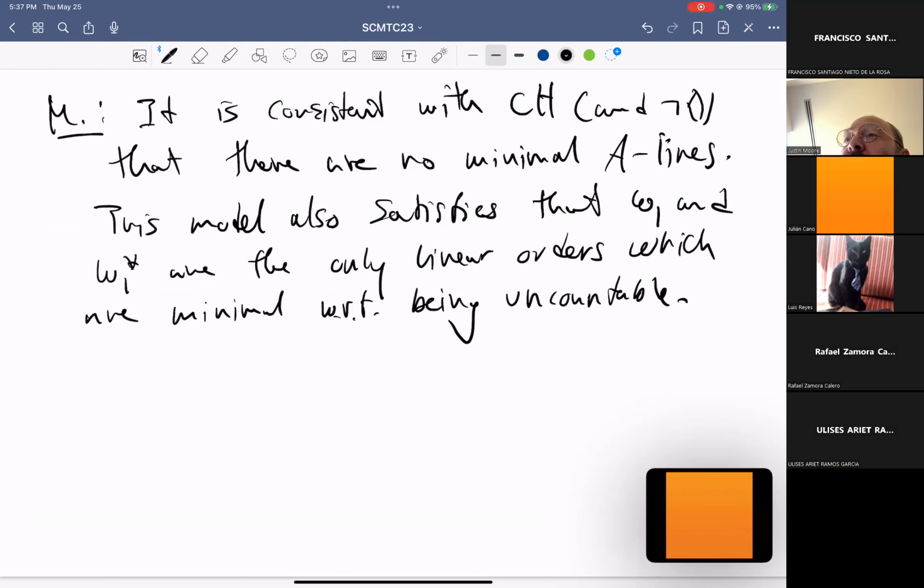This model has been useful for a number of results, and it's essentially a model in which some consequences of PFA hold at the same time as CH. Right? So there are some consequences of PFA that are compatible with CH, and if you put these consequences in a model of CH, it will rule out the existence of minimal Ehrenstein lines.